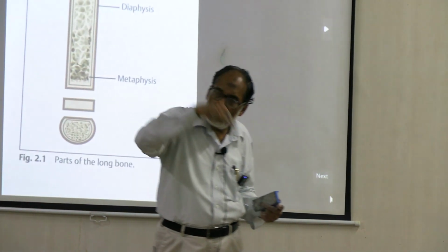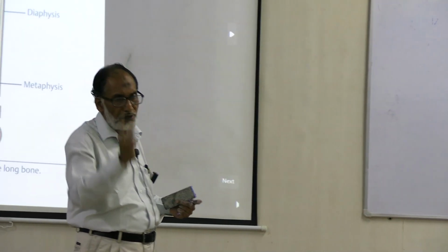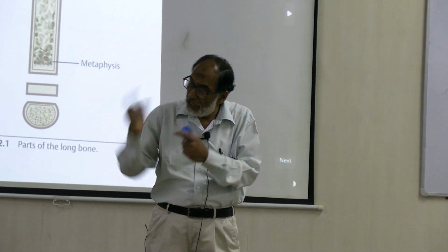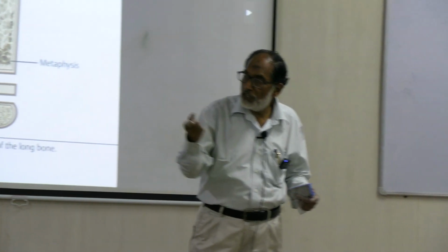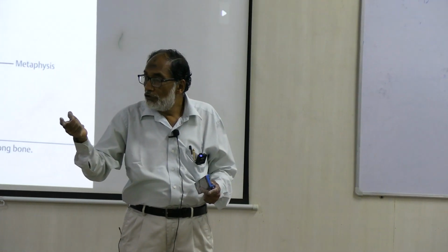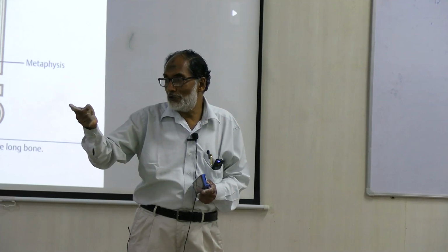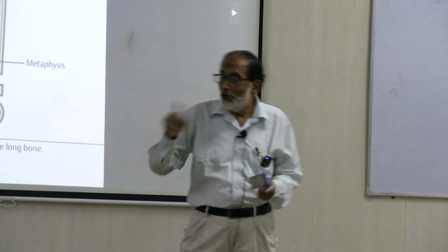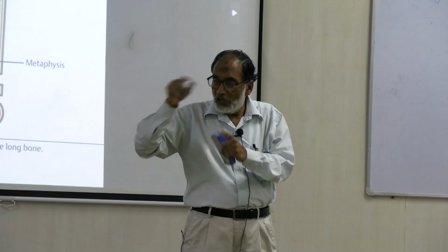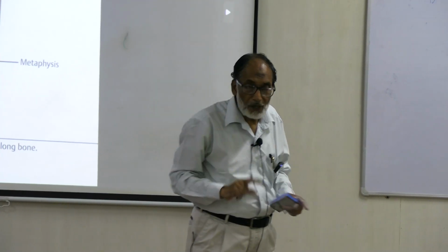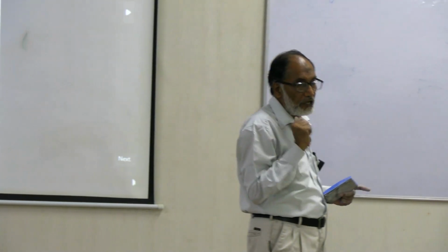One will unite earlier and the other later. Why are you yawning? That means you can't understand. The end that joins later we call the growing end. Now you have to know which end is the growing end.